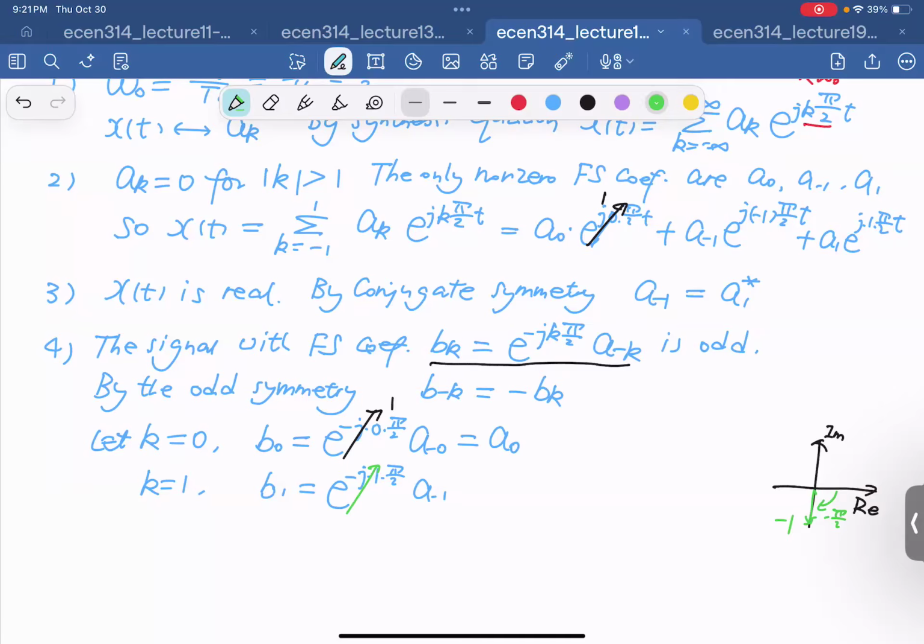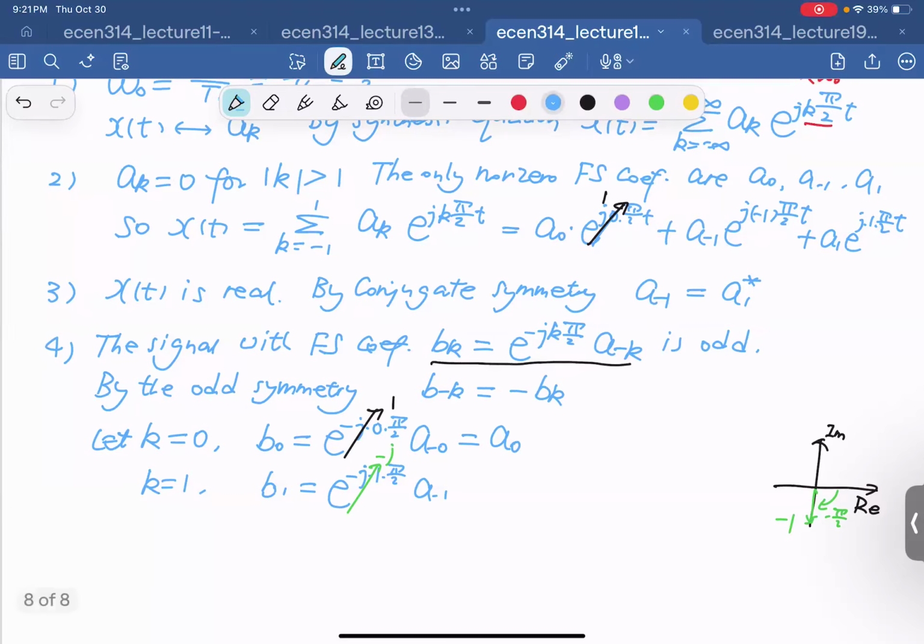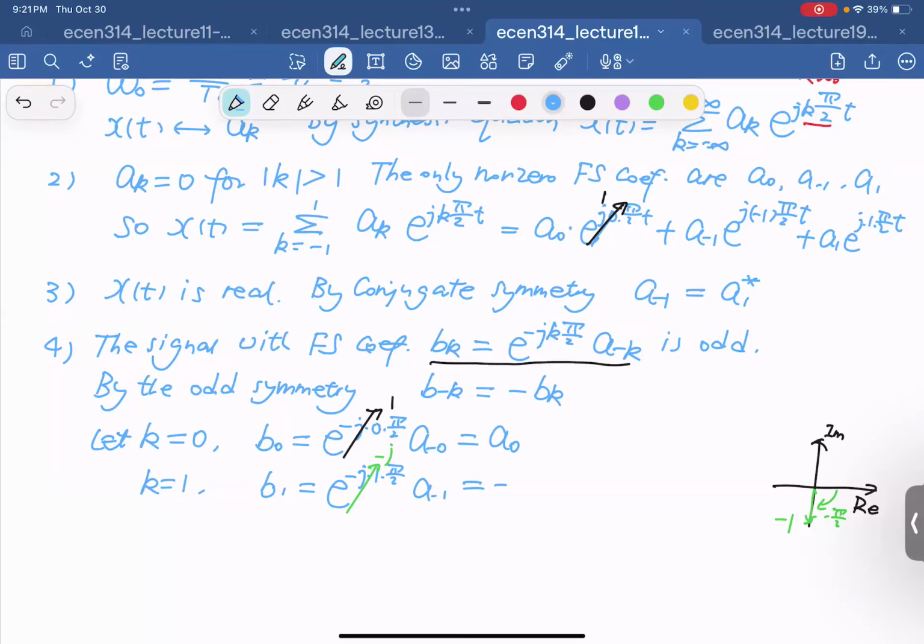So that equals j, and then we end up having minus j a sub minus 1. Okay? So that's what the first expression relating b k and a k tells us. But we also know that b minus k equals minus b k. All right, let's see. What does it say?